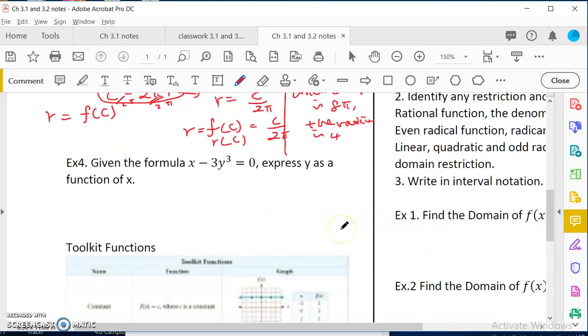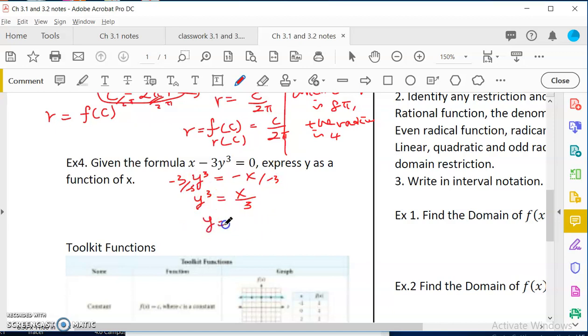One more. Given the formula x minus 3y cubed equals 0, express y as a function of x. So we want y by itself. y cubed equals x over 3, because I divide by negative 3 on both sides.